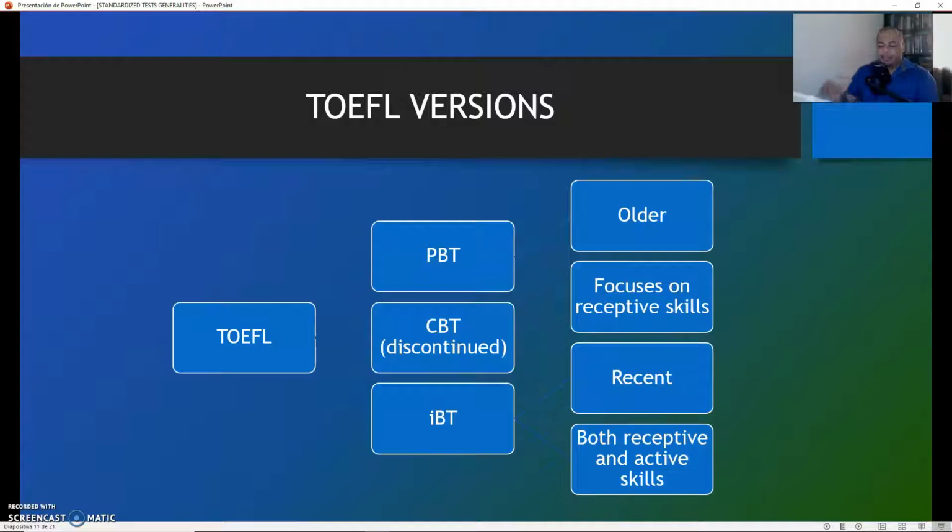The TOEFL PBT sits you down, you listen to something, and then you respond to the questions asked in the listening track. You also read something, and then you just write your answers to those reading comprehension questions or to those grammar or vocabulary questions. So it's very receptive. In other words, you don't speak.